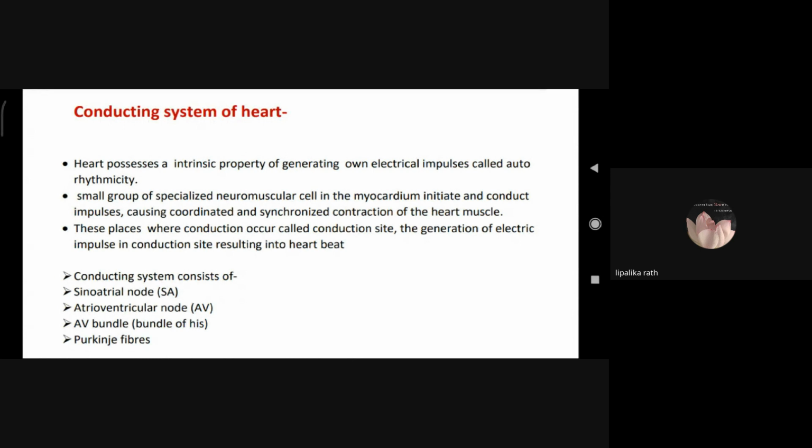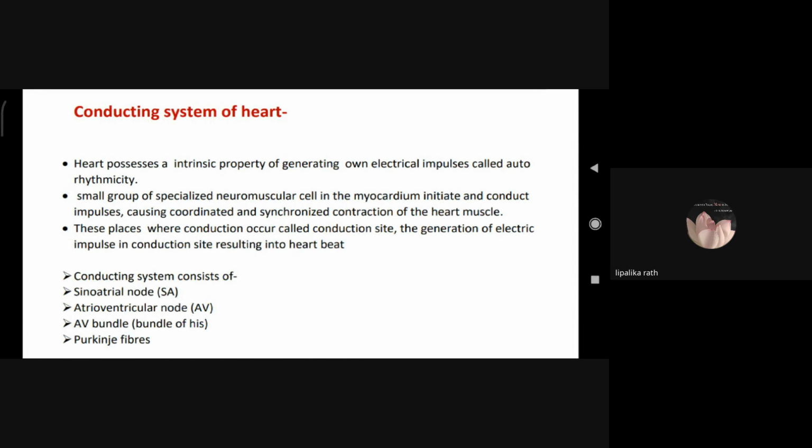A small group of specialized neuromuscular cells in the myocardium initiate and conduct impulses, causing coordinated and synchronized contraction of the heart muscle. The places where conduction occurs are called conduction sites. The generation of electric impulses in conduction sites results in the heartbeat.